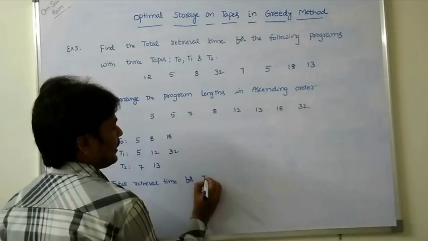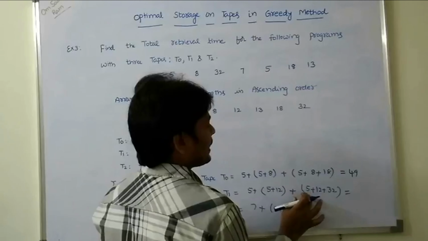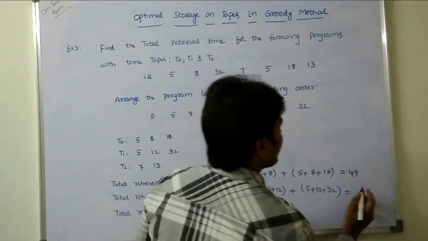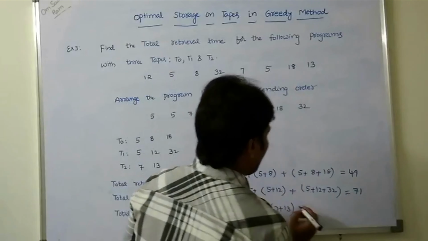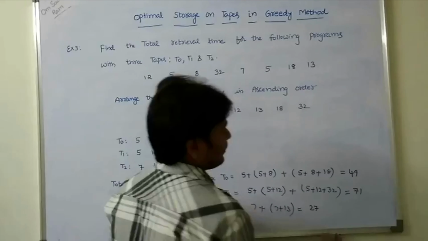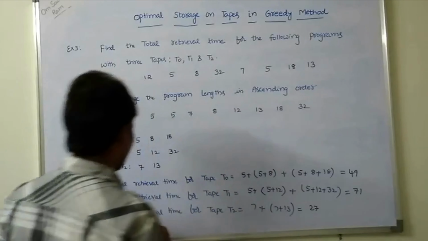So what is the total retrieval time? 5 plus 5, 10, 10 plus 8, 18, 18, 23, 31, 31 plus 18, 49. Next, 5 plus 5, 10, 22, 27, 39, 71. Next, 7 plus 20, so that is 27.